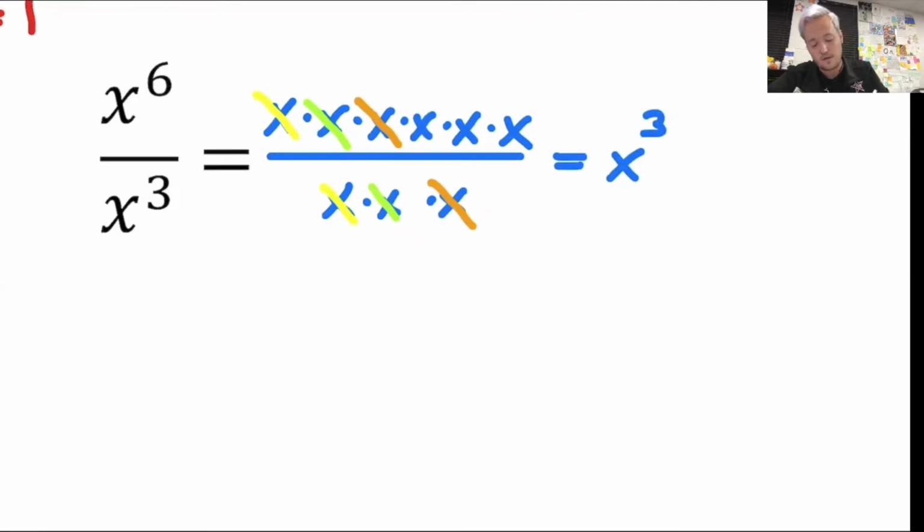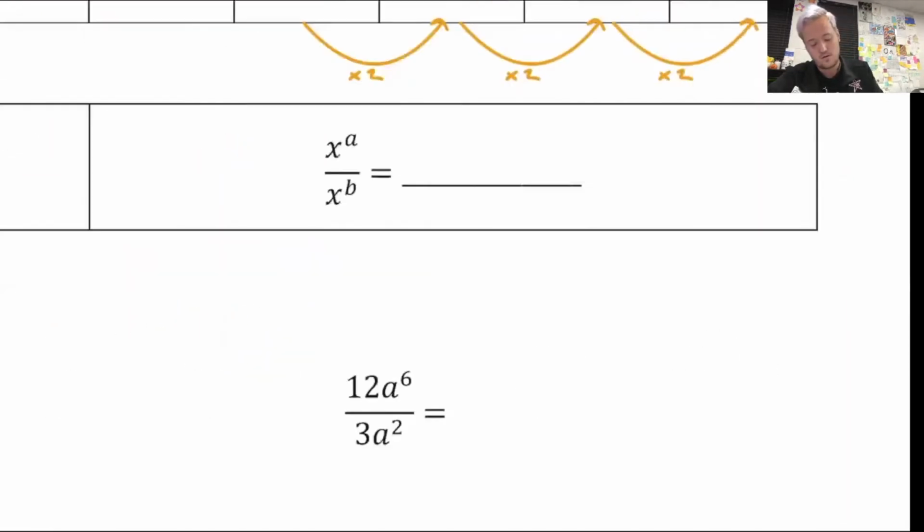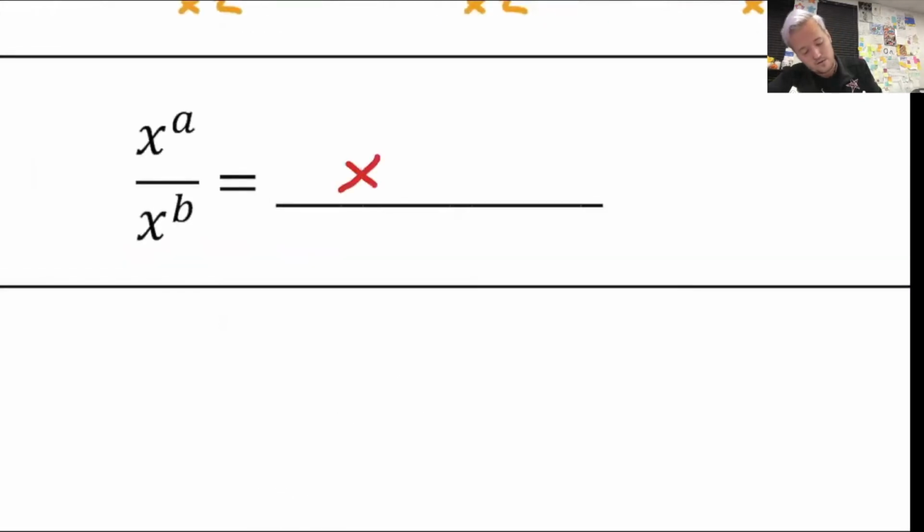If you're looking at your rule, to go from 6 to 3 and end up with 3, we're going to be subtracting. So x to the 6 minus 3 is x cubed. Our rule here is subtraction: x to the a minus b.